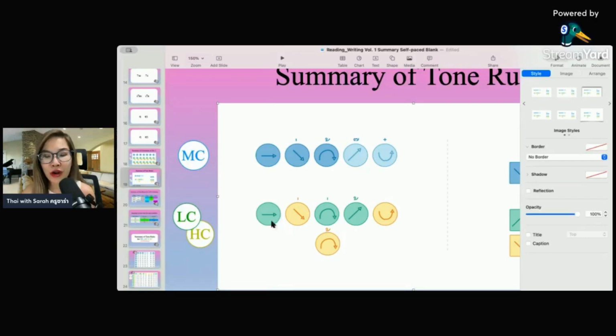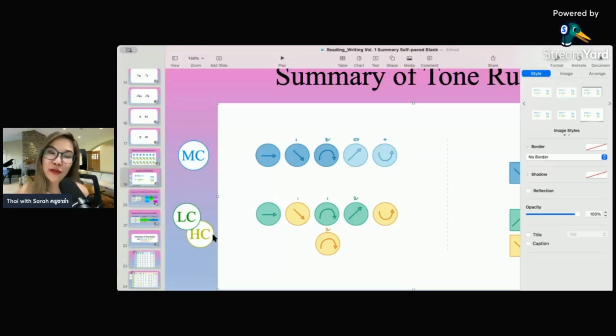Also, when I'm talking about a complete set of five tones and how low class and high class can team up to make one, I'm talking about the same sound. If you haven't learned Thai script before, or you have learned before and you know about low class and high class, you probably have heard or learned that high class shares the same sound with low class. All of the high class sounds, seven sounds, match with seven sounds in low class, and there are 14 sounds in low class.